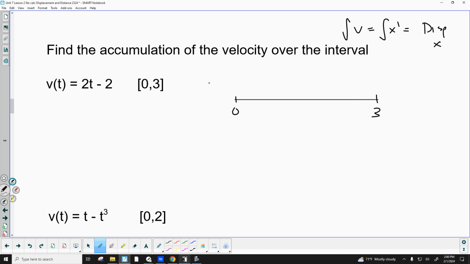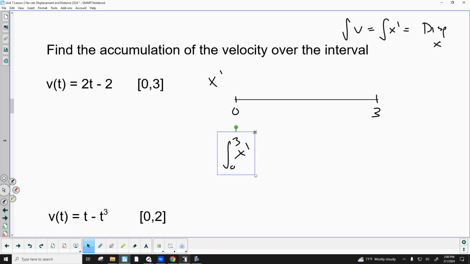If we cared about certain questions, we might do a full sign analysis. But, just like on your quiz, what you should have done for your question number 4, sometimes you don't care about all of the changes. Sometimes you just want to care about what is my accumulation of my velocity over my interval?